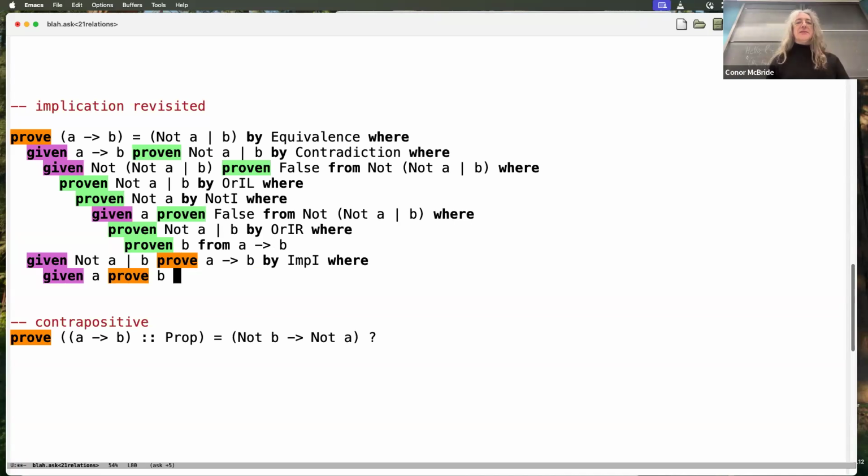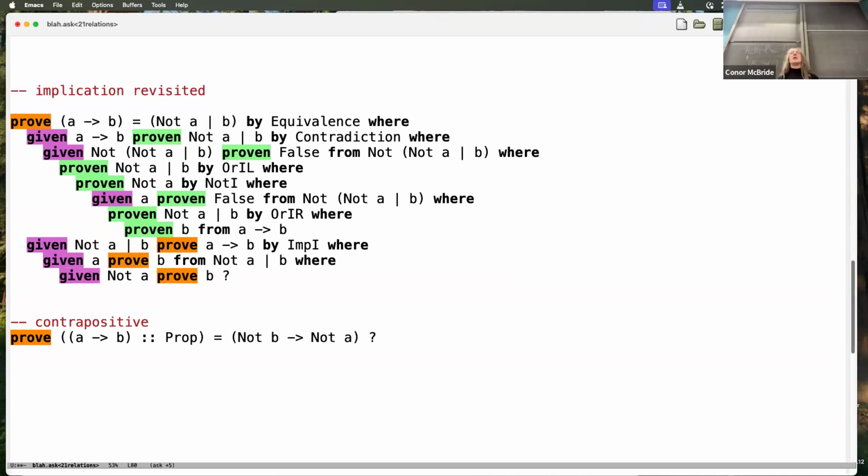So we did implication introduction because that's a free hit. And now we've got no choice but to find out which of these situations is the case. And you can see we only get one sub-goal because, given B, prove B is trivial. So ask doesn't even bother us with it.